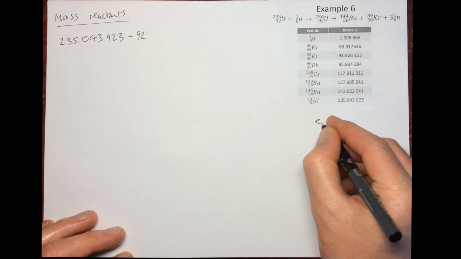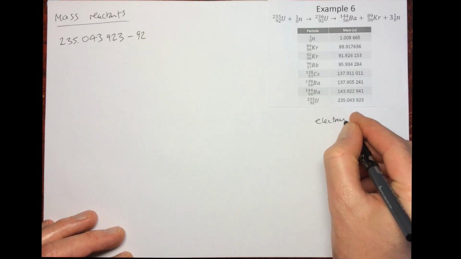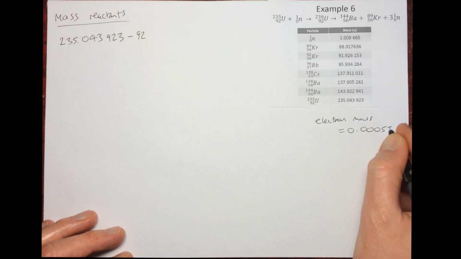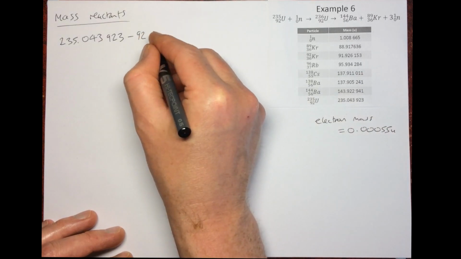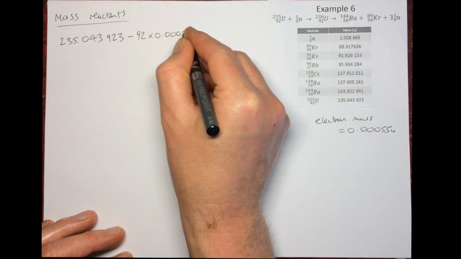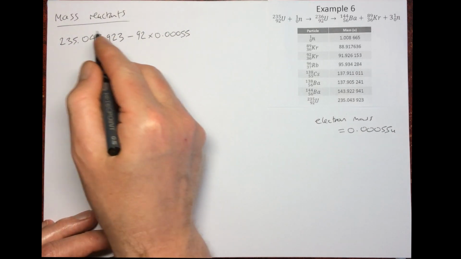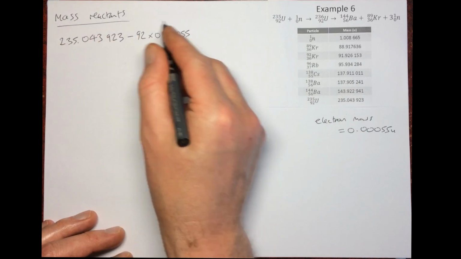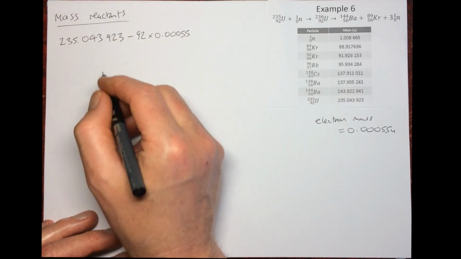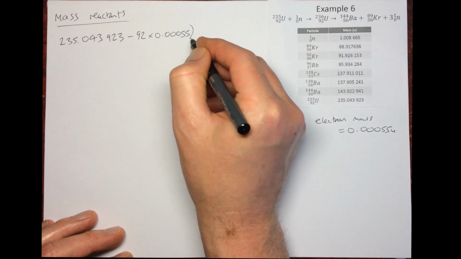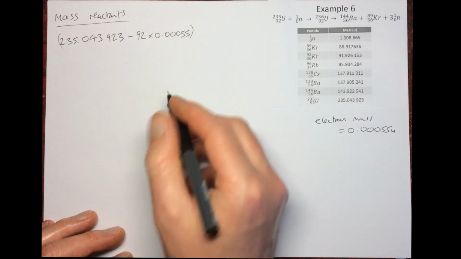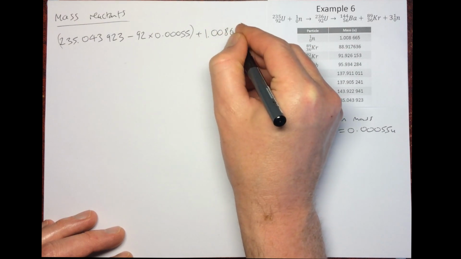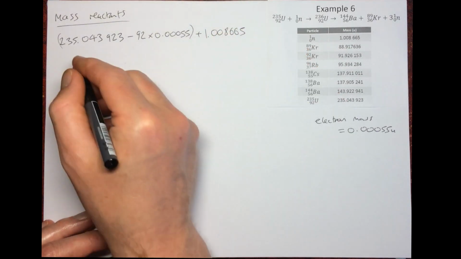If you remember, the electron mass is equal to 0.00055 U, so 92 times that. That gives us the nuclear mass of uranium rather than the atomic mass, because if we take the atomic mass and take away the electrons, that gives us the nuclear mass. Then we're going to add on the mass of the neutron as well, 1.008665. So that's our mass of our reactants.